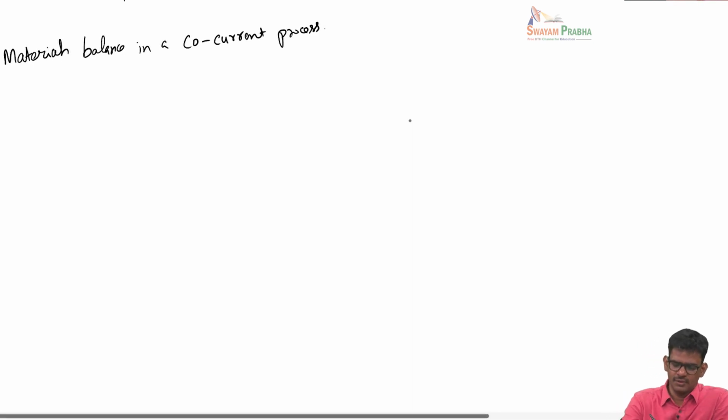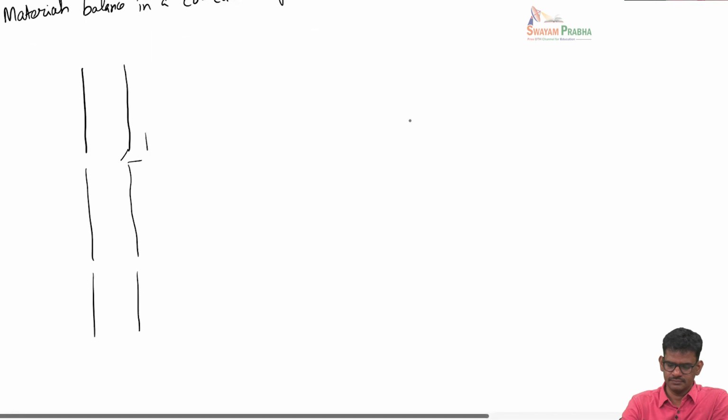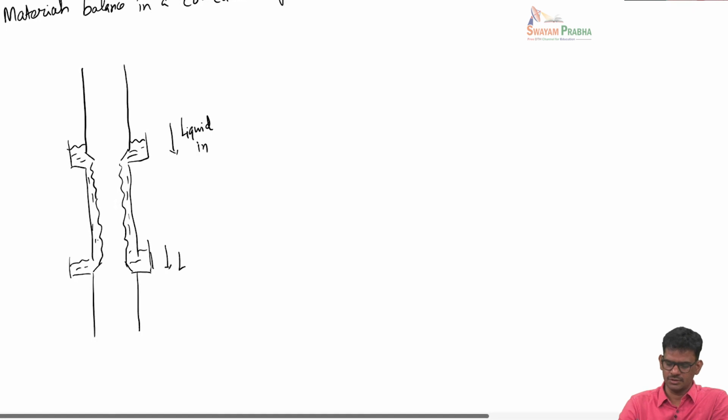So what this means is, let's say you have a wetted wall column. Same design. So liquid in, and this is liquid out.